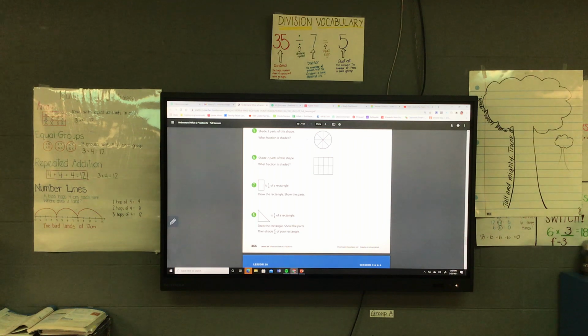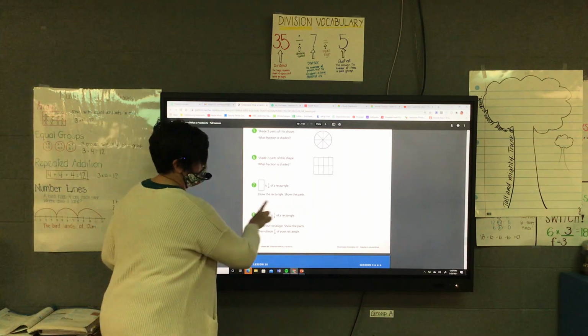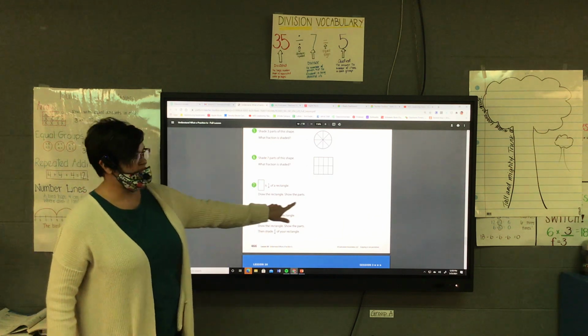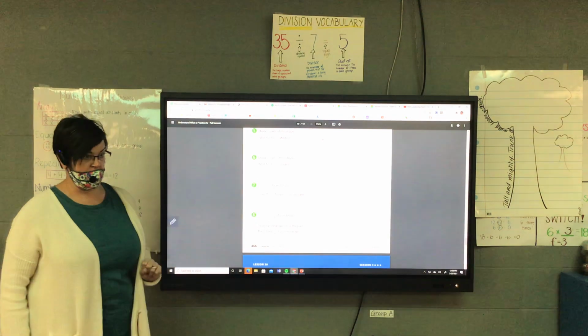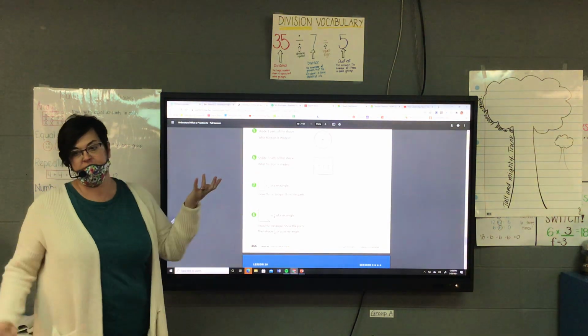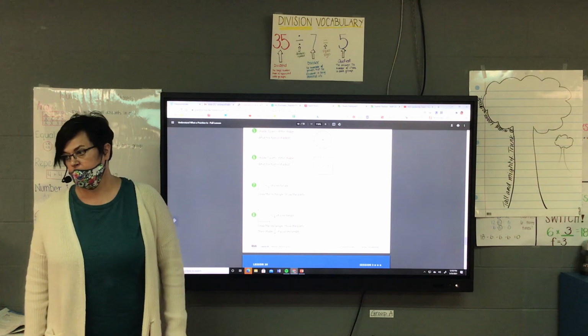So now, if that is 1/4 of a rectangle, are you going to draw your shapes as close to that same size as possible? Yeah, you're going to show your work down here. Okay? So you're going to draw the whole rectangle down here. Using about that same size is what they're wanting you to do.